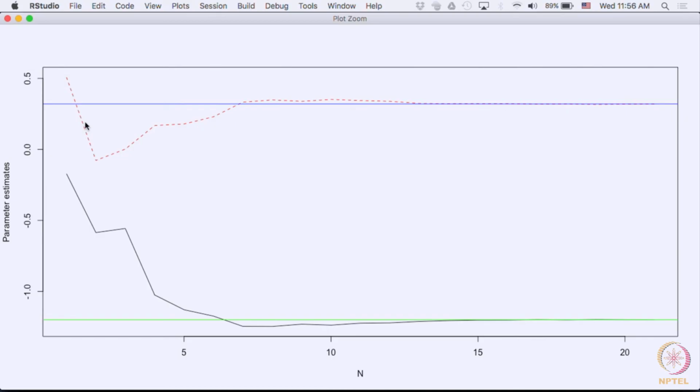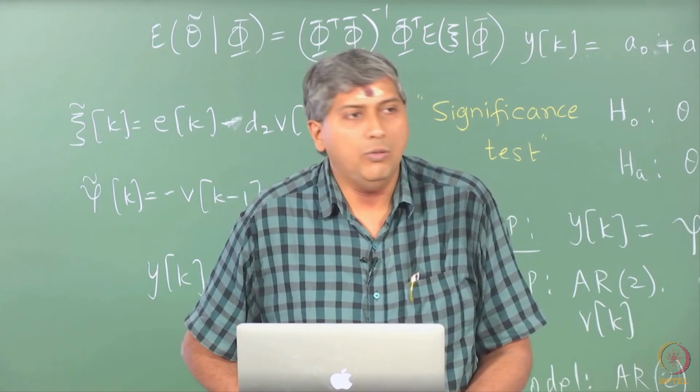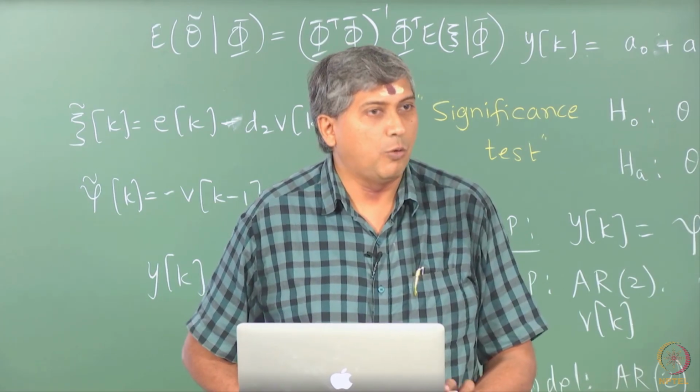I do not know how well you can see on the screen, but this is the 0.32, and on the x axis we have sample size. As I increase the sample size, the parameter estimates go and sit at the true values, whether it is D2 or D1. When this happens for any estimator, you can be assured that it is giving you consistent estimates. This is what consistency is.